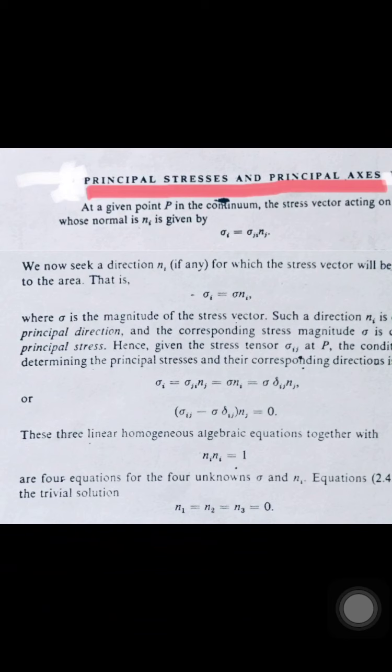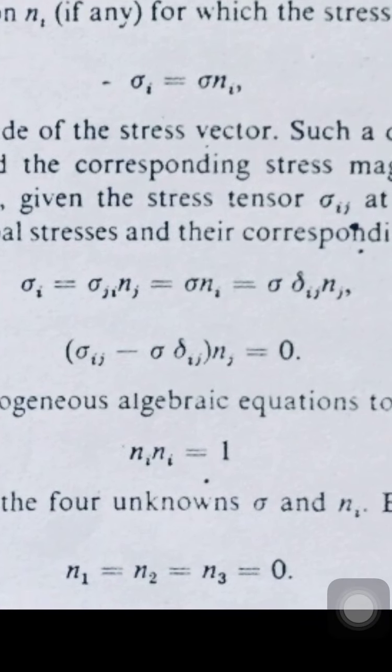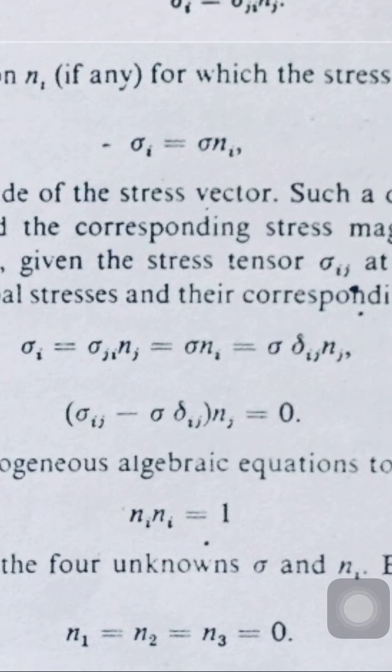So we use again these two equations, 2.43 and 2.43 without naming, sigma_i is equal to sigma n_i, and using these two we reform and get 2.44. In 2.44 you can understand the last term, which is very important. Here sigma_i is equal to sigma_ji n_j, we know. If it is in a principal direction, then it can be written as sigma n_i.